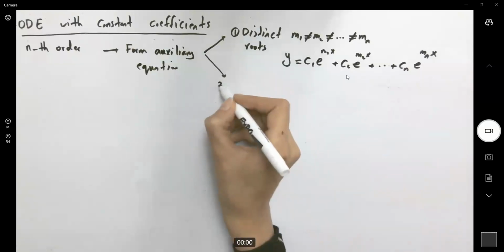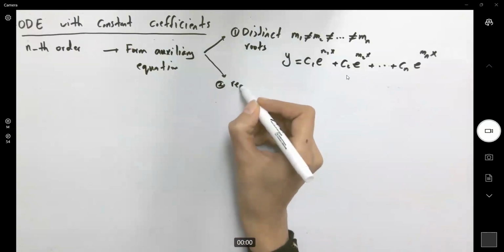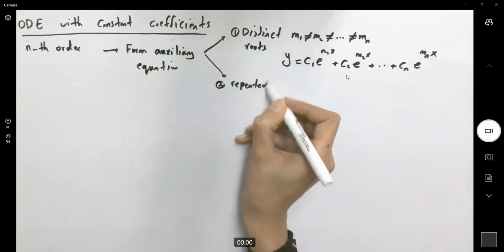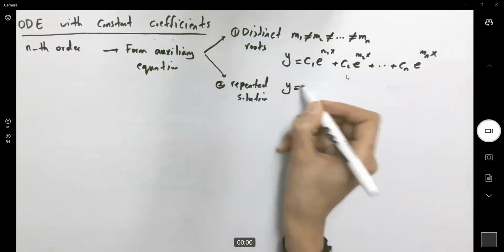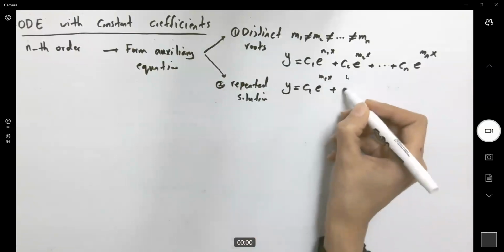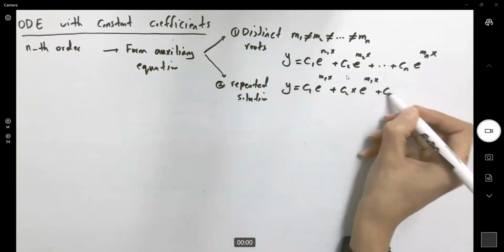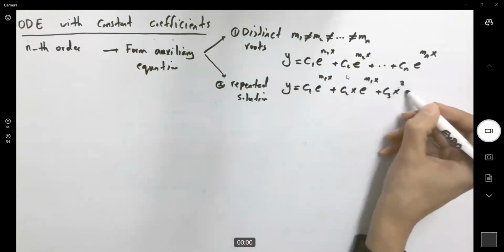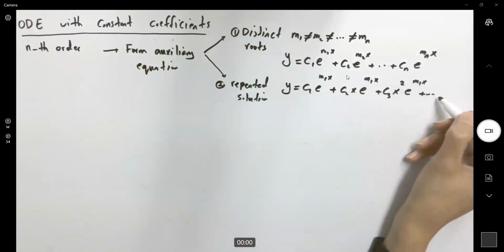If we have the second case with repeated solutions, then y becomes c1 e^(m1x) plus c2 x e^(m1x) plus c3 x squared e^(m1x) plus the rest of the terms.